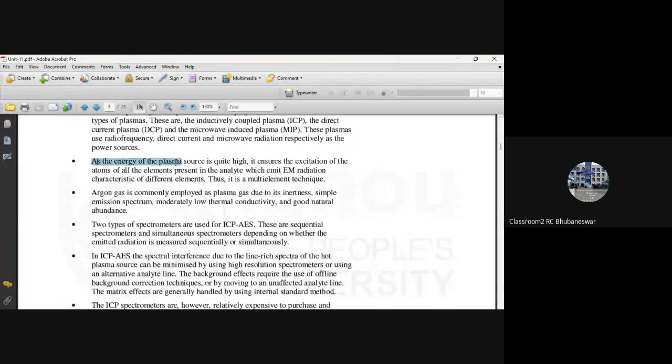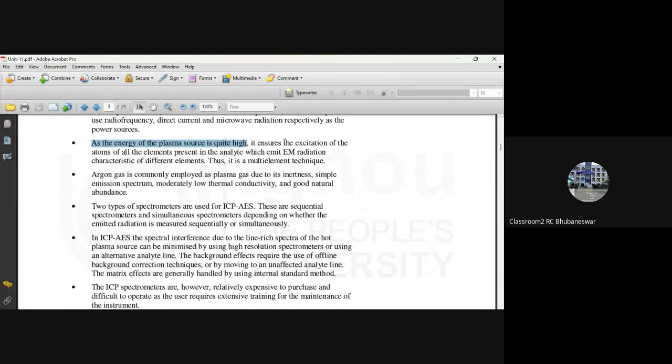As the energy of the plasma source is quite high, it ensures the excitation of the atoms of all elements present in the analyte. I was discussing just before that its energy is very high.